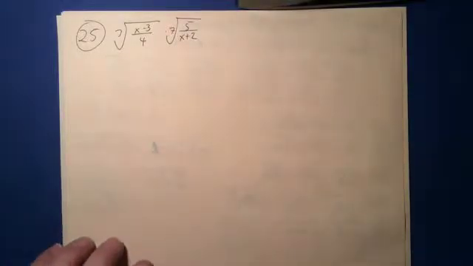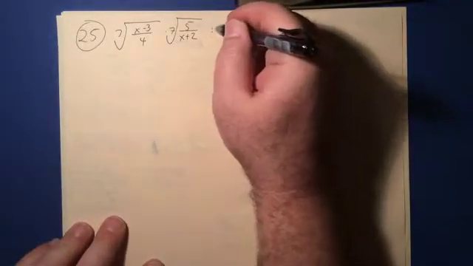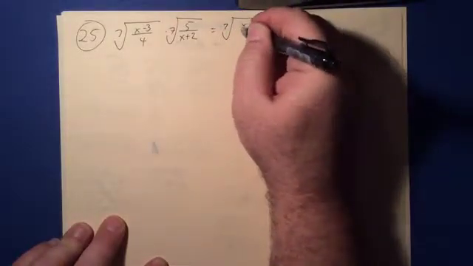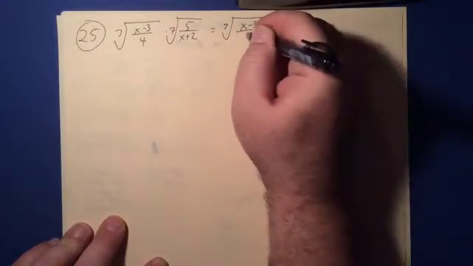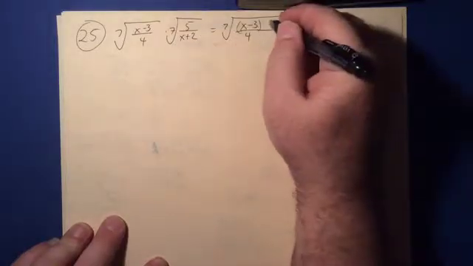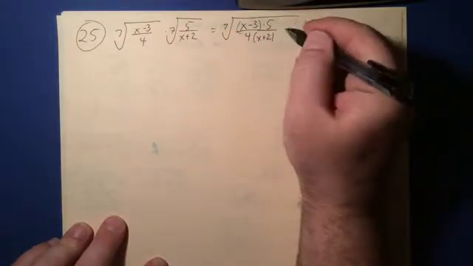So what might make this a little easier is to do the work underneath one radical. So it's going to be x minus 3 over 4, and what is it being multiplied by? This is being multiplied by 5 over x plus 2.